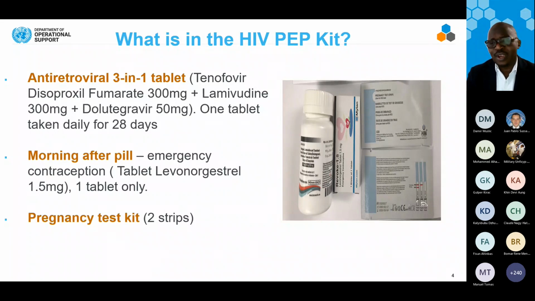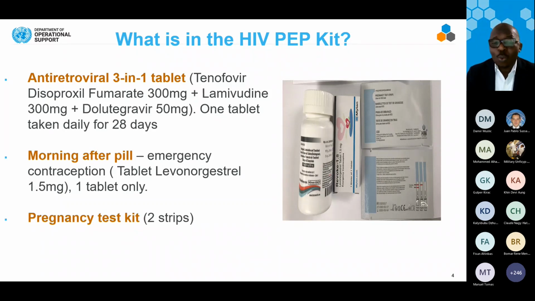The active ingredients are tenofovir disoproxil fumarate, lamivudine, and dolutegravir, all combined together in one tablet, and this must be taken once daily for 28 days. Then the other contents are the pregnancy test kits. The pregnancy test kit will only be used when the custodian is dealing with a female UN personnel, to check whether she is pregnant before initiating or administering the antiretroviral medication.